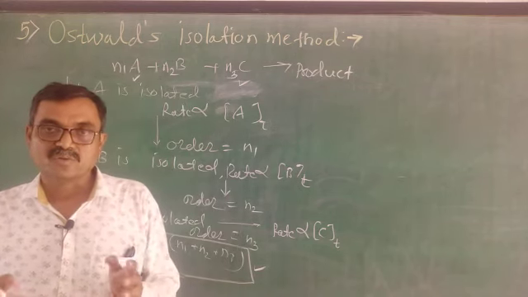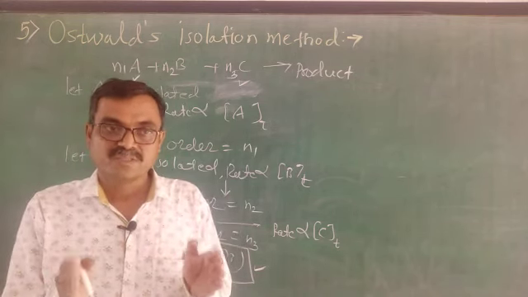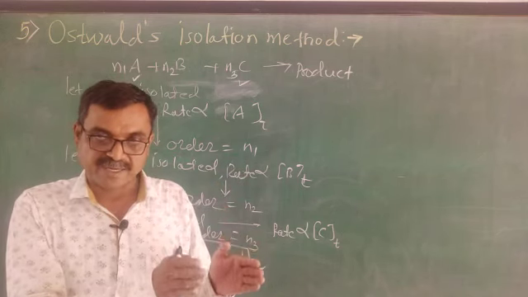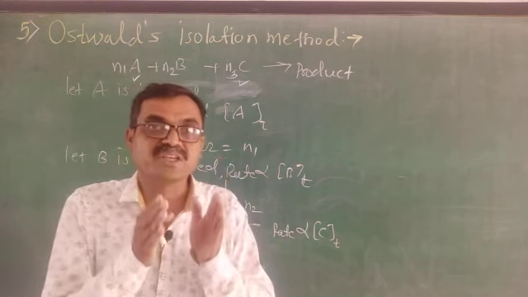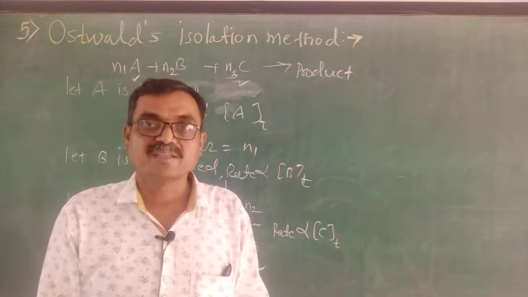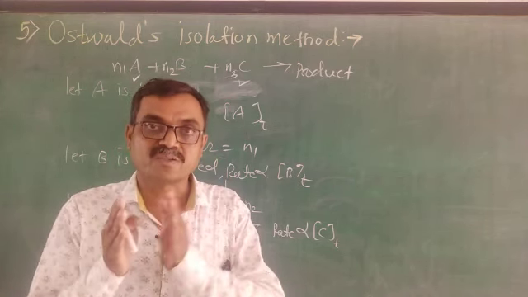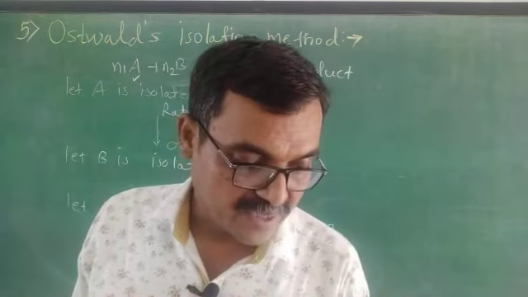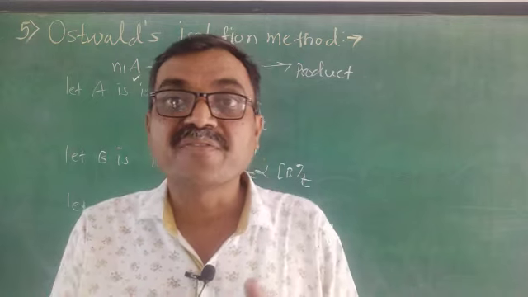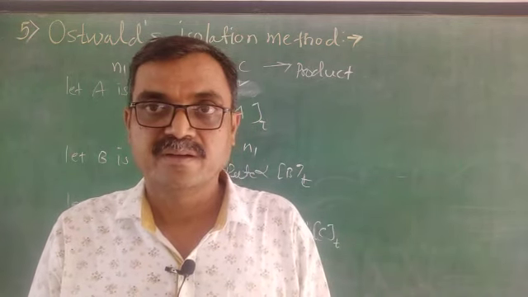Okay, now don't confuse. See what is the mechanism of hit and trial method, what is the mechanism of equifractional change method, what is the mechanism of Ostwald's isolation method, or what is the mechanism of Van 't Hoff's differential method.